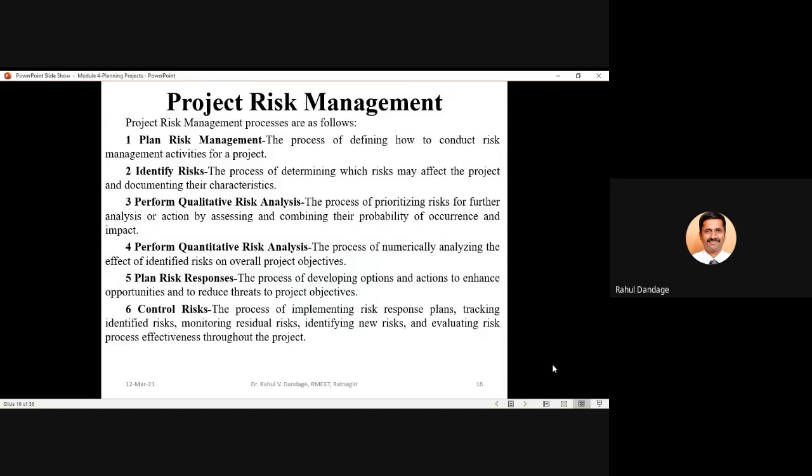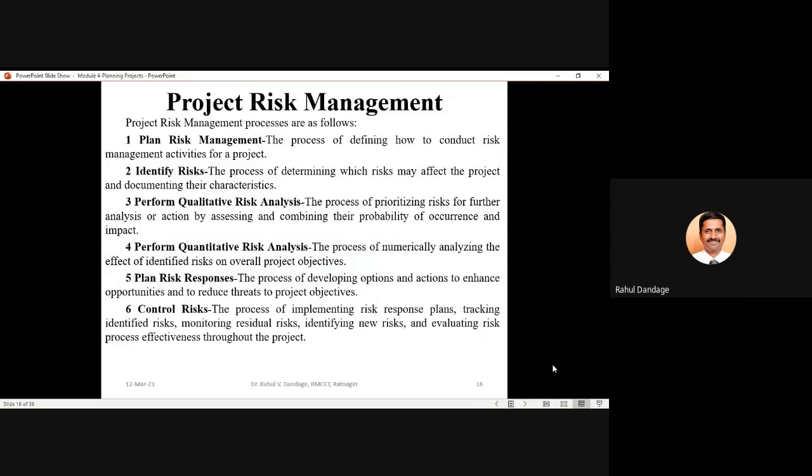The second process is identification of the risk. In this process, we determine which possible risks may occur in your project, which risks will be affecting your project, and we also document the characteristics of these risks. This enables us to prepare an exhaustive list of all the risks which may affect your project, along with documentation of their various characteristics.